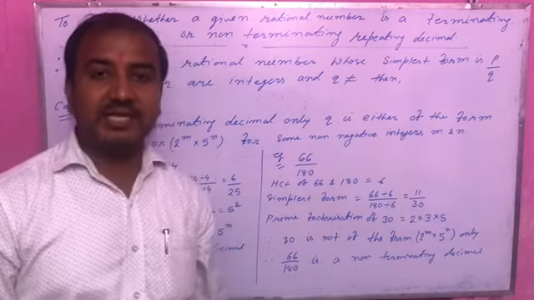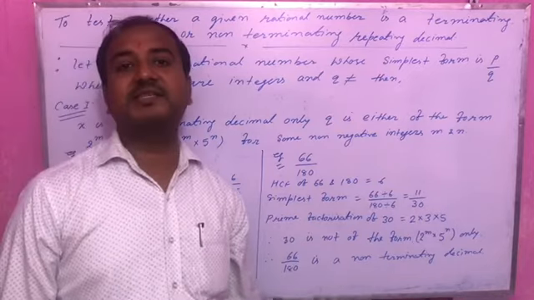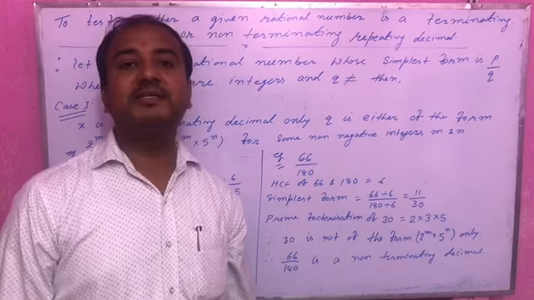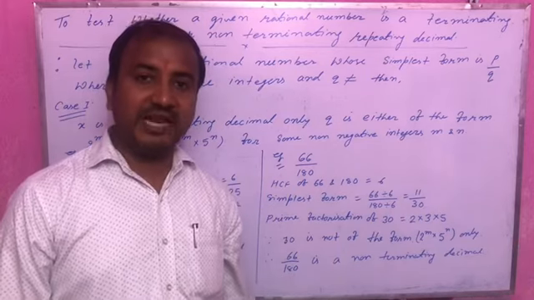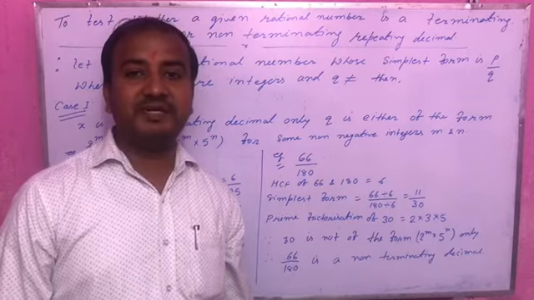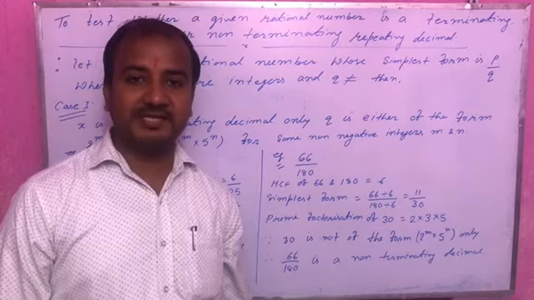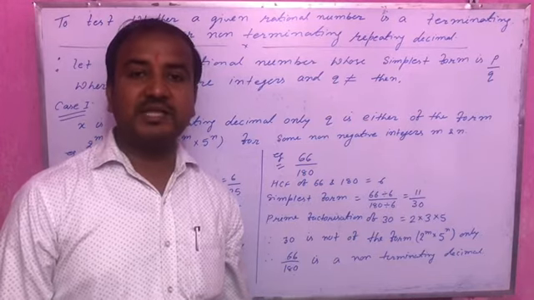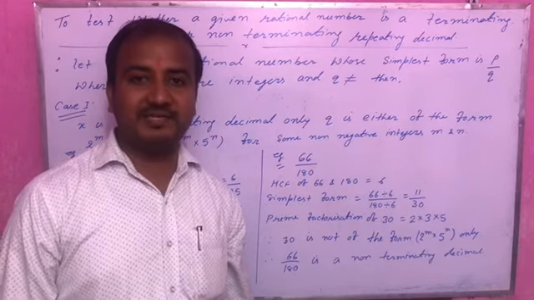decimal. As we were discussing regarding the decimal expansion of a number, at that moment we had seen that whenever we find the decimal expansion of a number, there are two types of decimal expansion. One is terminating decimal, another is non-terminating decimal.